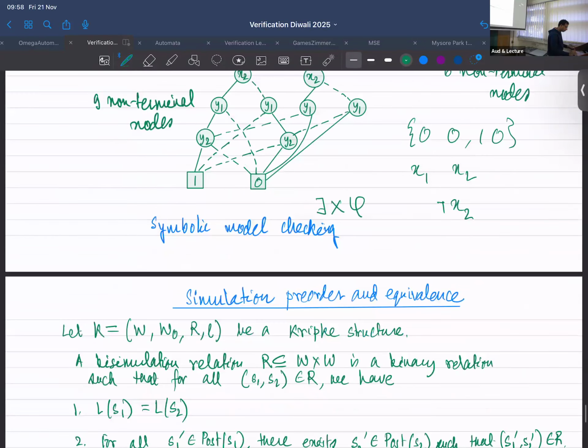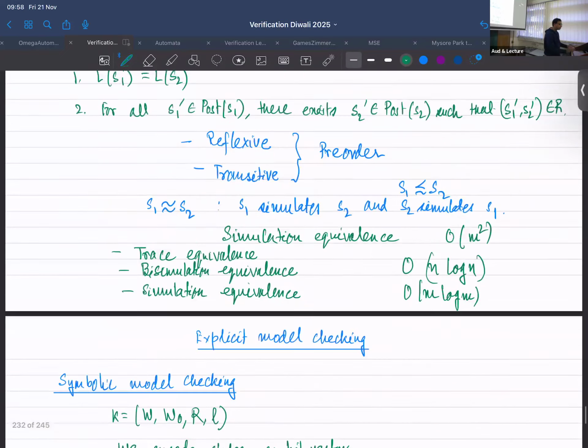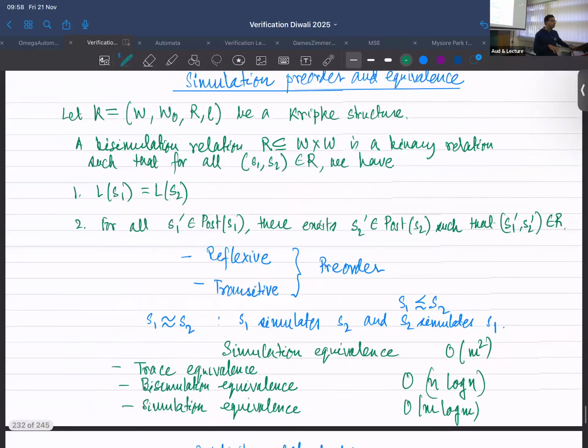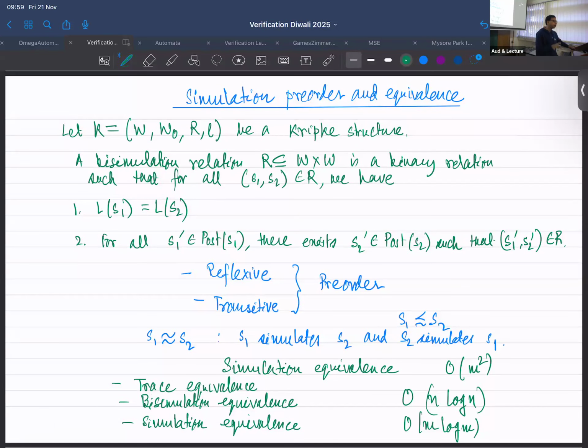So the definition is clear now. Then simulation preorder, simulation equivalence, bisimulation equivalence. These are different relations, like trace equivalence, bisimulation equivalence, simulation equivalence. What about the relation between trace equivalence and simulation equivalence? Which one is stronger?